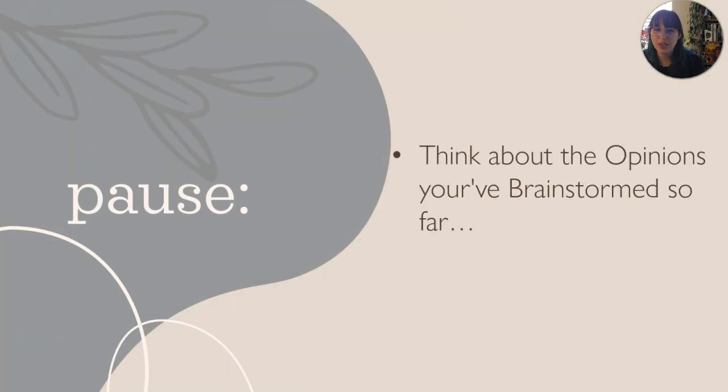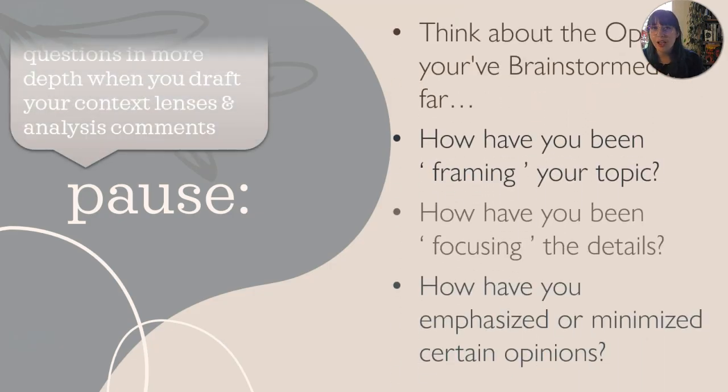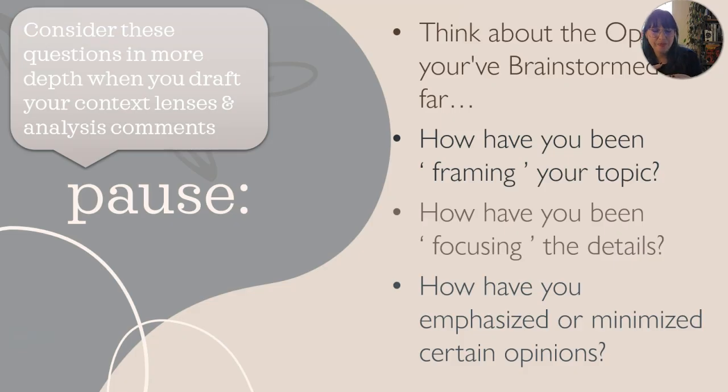Pause again really quickly. Think about the opinions that you've brainstormed. Think about what you chose to brainstorm and how, when we did our Viewpoint personal narrative paragraph drafting, we listed out a lot of things that we could talk about, and then we chose just a few that were important to us.